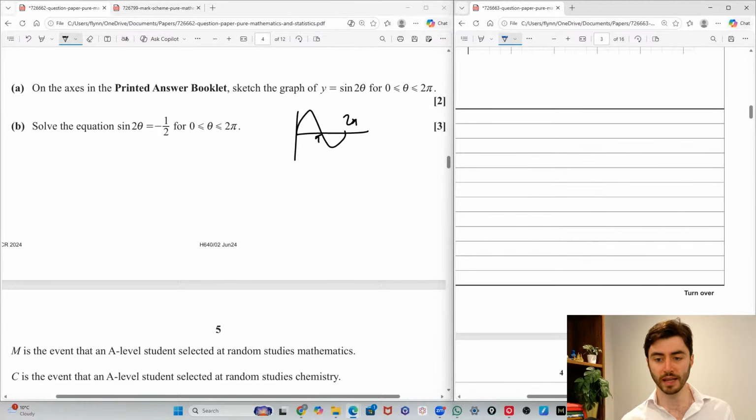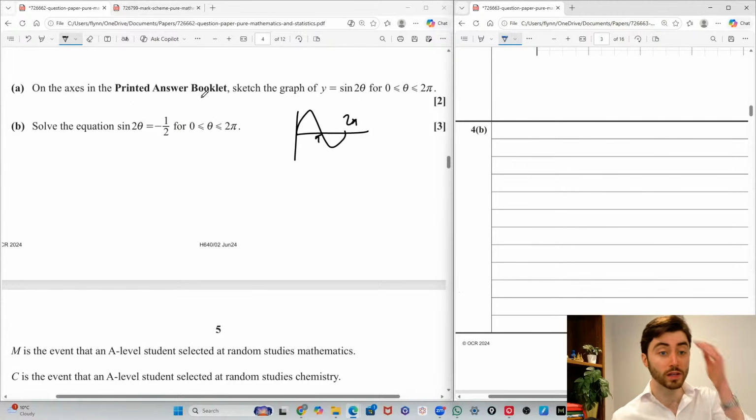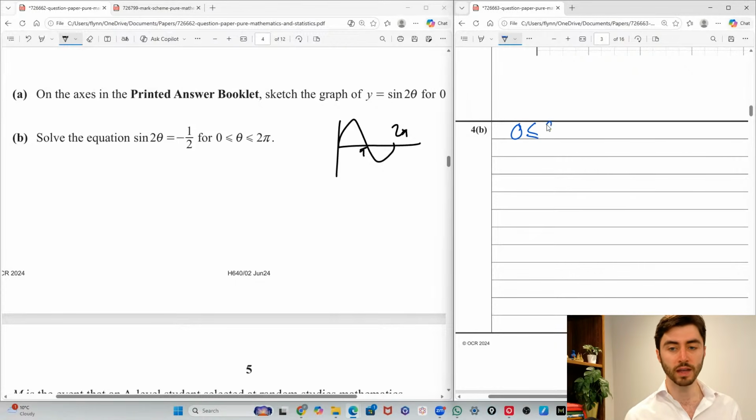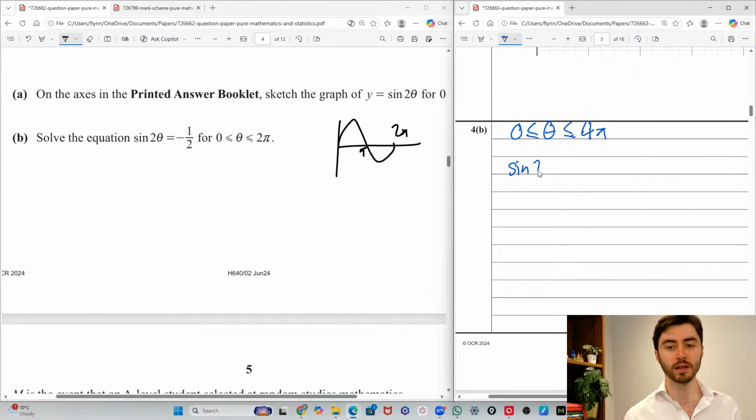So then for B, a lot of people actually kind of struggle with this skill, I find. When you're doing these sorts of transformed trig equations, the very first thing you should do is to transform your interval. So I know I'm looking in the interval between 0 and 4 pi. And we're solving for sine of 2 theta is -1/2.